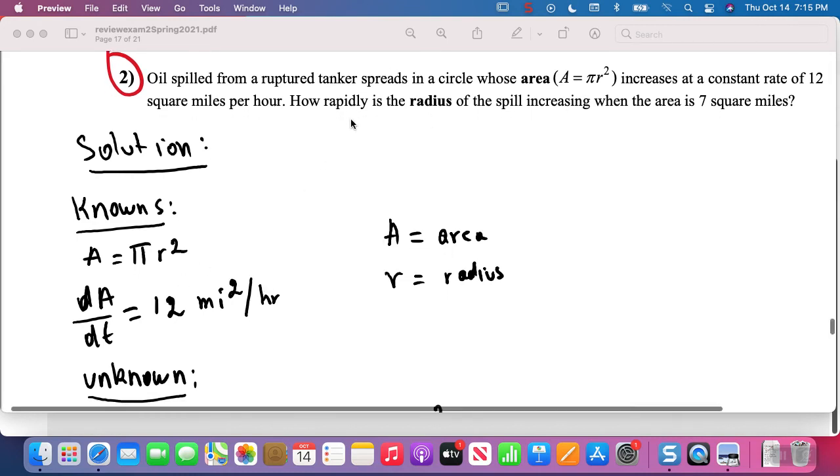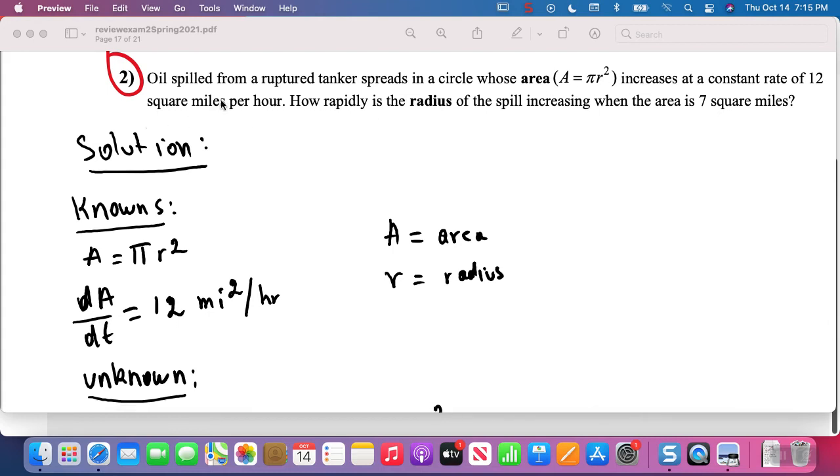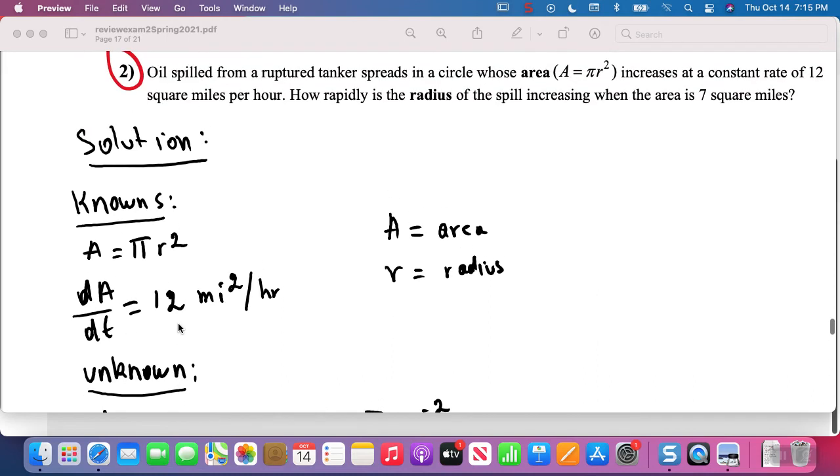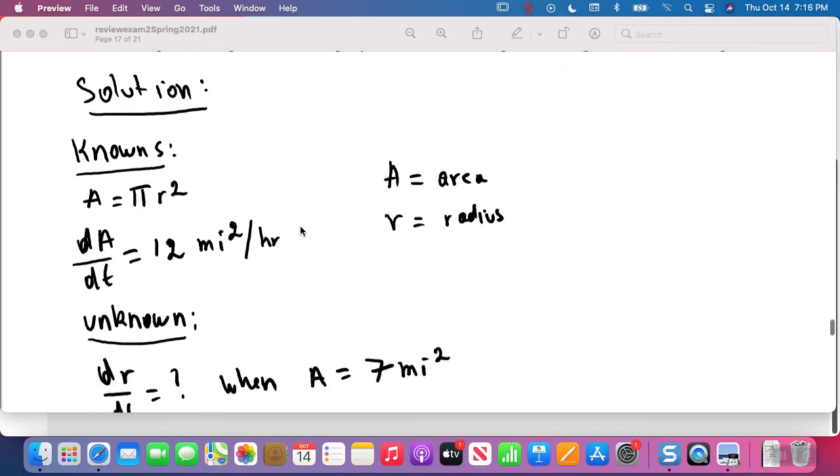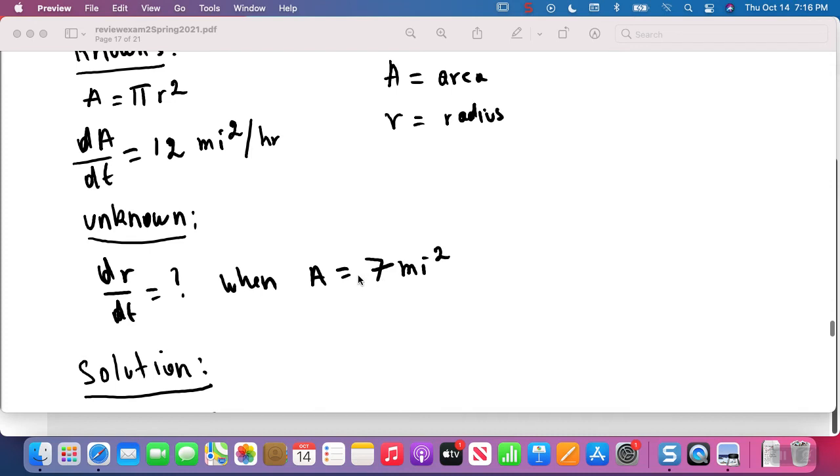They give us dA/dt, the change in the area per time, which is 12 square miles every hour. That's how the oil is spreading. We write this down, and then they ask us to find the change in radius, dr/dt, when the area is 7 square miles.